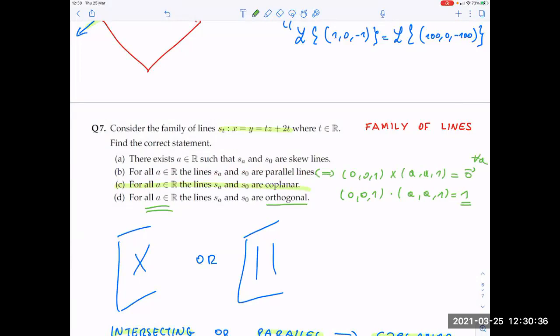And about the first part, being skew, well, they cannot be skew because they are coplanar, okay? They cannot be skew because they are coplanar lines. Okay, so this is what we can say about these kinds of questions, these multiple choices. So you see, some of them can be solved very quickly if you have the right idea. If you don't have the right idea, you can still solve them, but maybe it will take you a little longer.